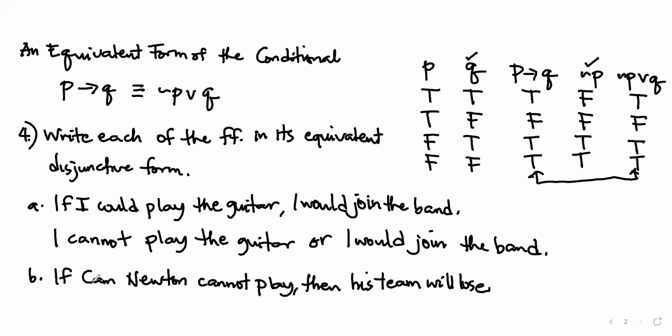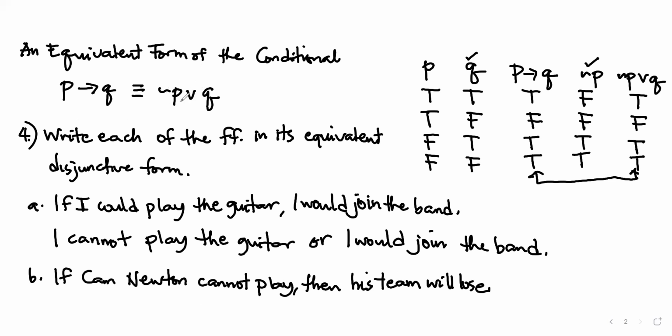And for letter B, the given is, "If Cam Newton cannot play, then his team will lose." So this is again in the if-then form, an implication. How are we going to write it into its equivalent disjunctive form?